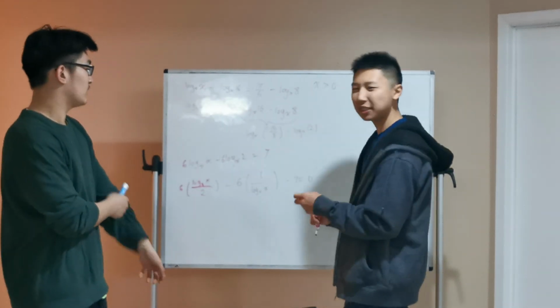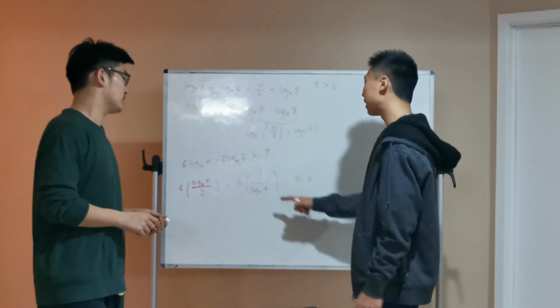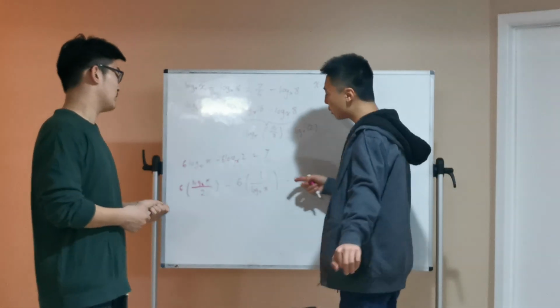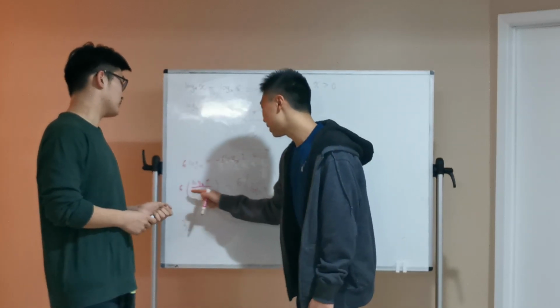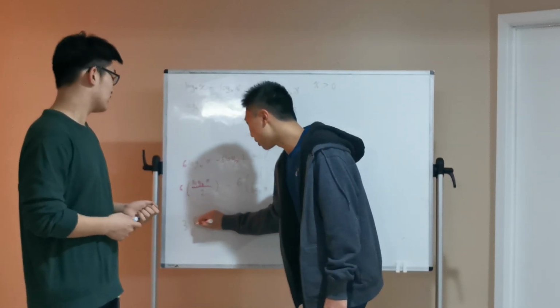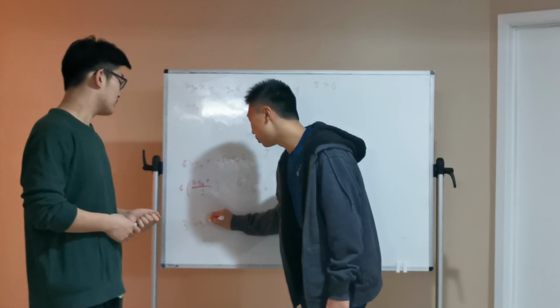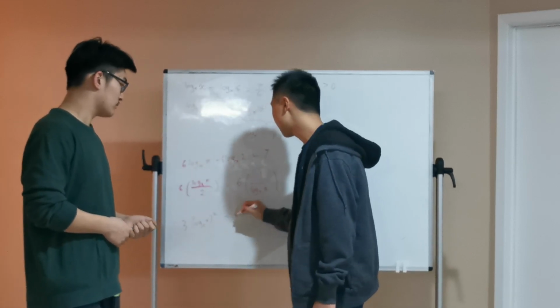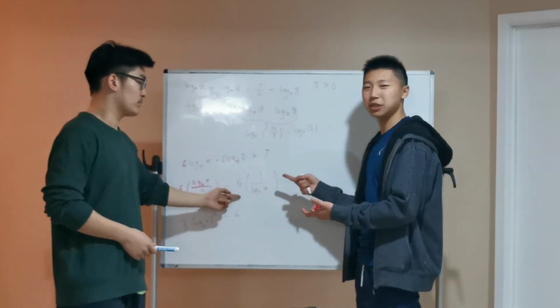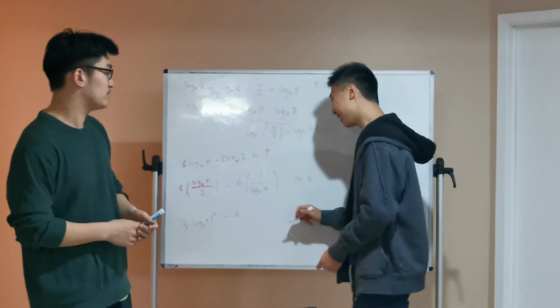Nice. And now you can sort of see a quadratic forming. Let's multiply both sides by log base 2 of x. So this is 36 divided by 2 times log base 2 of x, squared, minus 6. And since we're multiplying by log base 2 of x, we're just getting rid of the denominator.